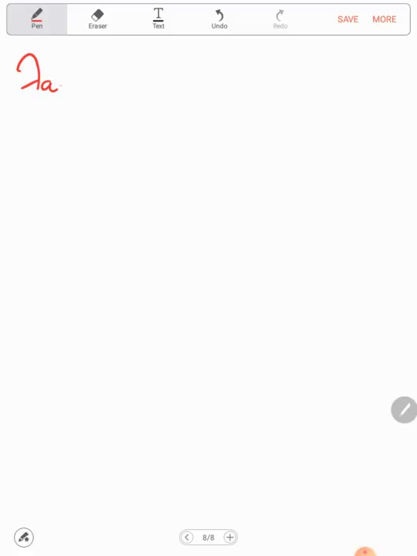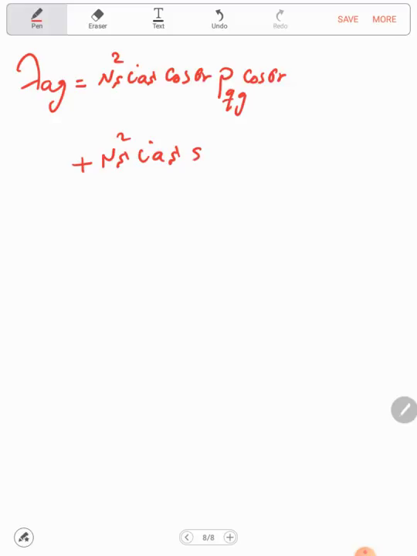So simply lambda A on the gap will equal to NS square IAS cosine square theta r PQG plus NS square IAS sine square theta r, the P in the direction of the d, the gap.